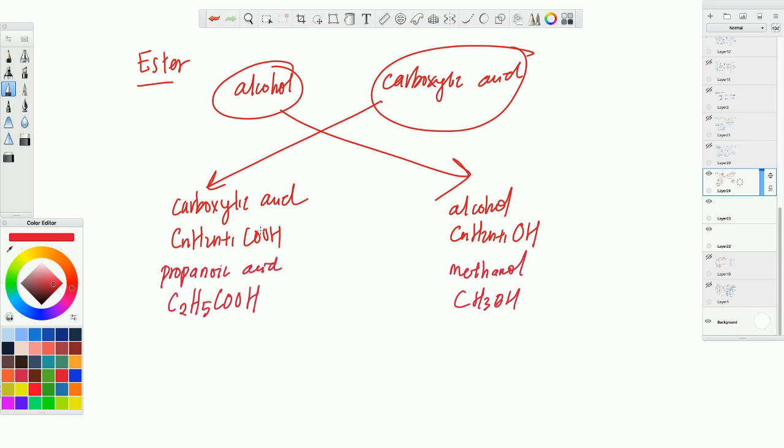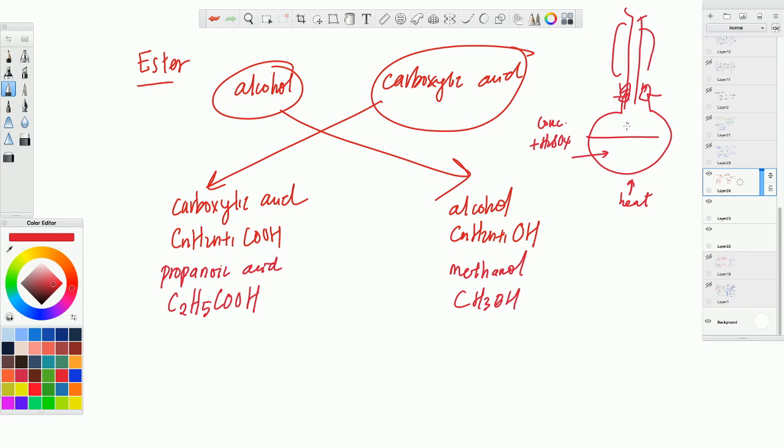So what you do is you take these two, propanoic acid and methanol, you put inside a flask together with concentrated sulfuric acid, then you heat it up. But you need to do reflux. Reflux means here you got a condenser. So the mixture, propanoic acid and methanol, you boil, evaporate, come back down, evaporate, come back down until it forms an ester.